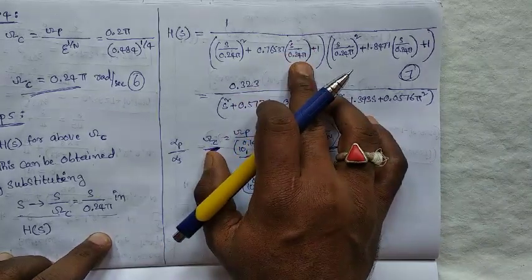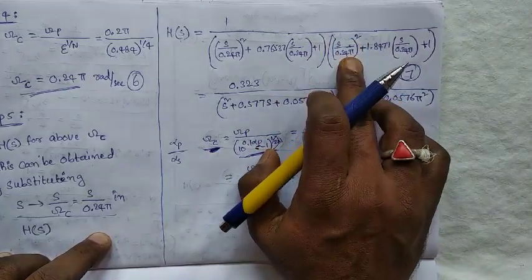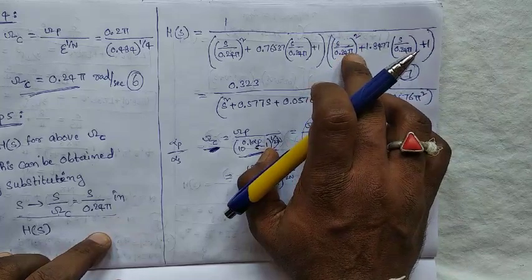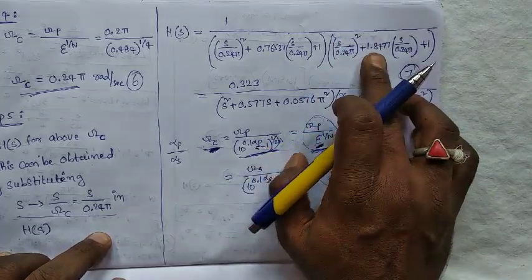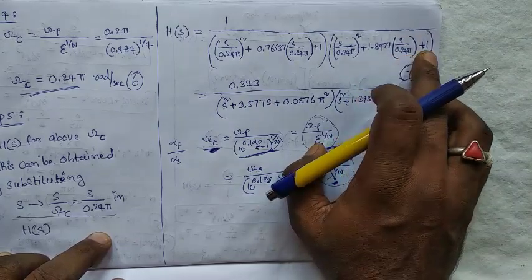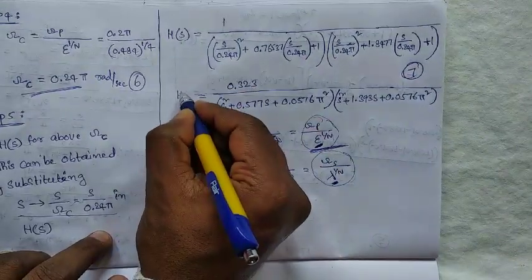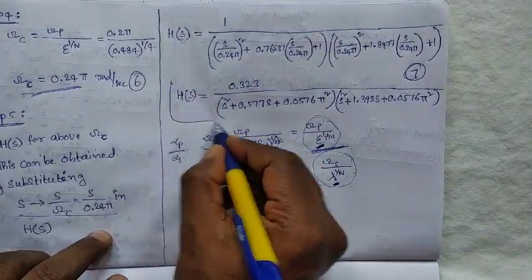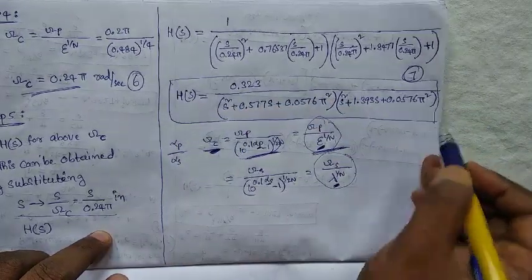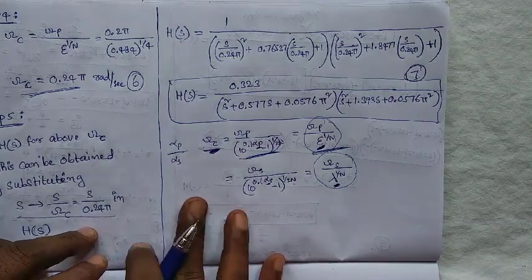Simplifying this equation, we get the equation like this. This is the transfer function of the analog Butterworth filter.